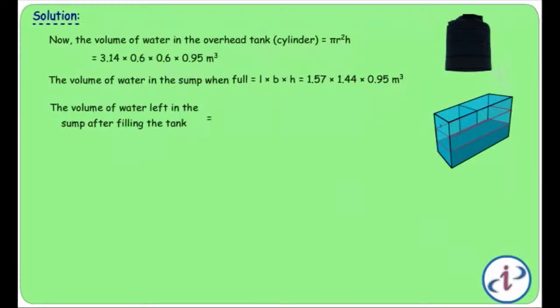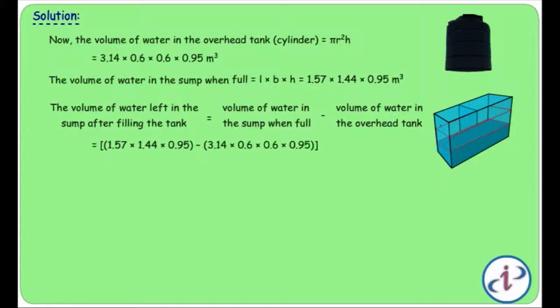The volume of water left in the sump after filling the tank is found by subtracting volume of water in the overhead tank from the volume of water in the sump when full. Thus, it is equal to 1.07388 meter cube.